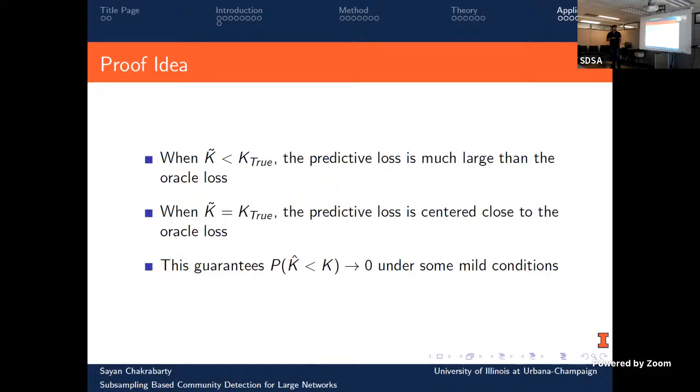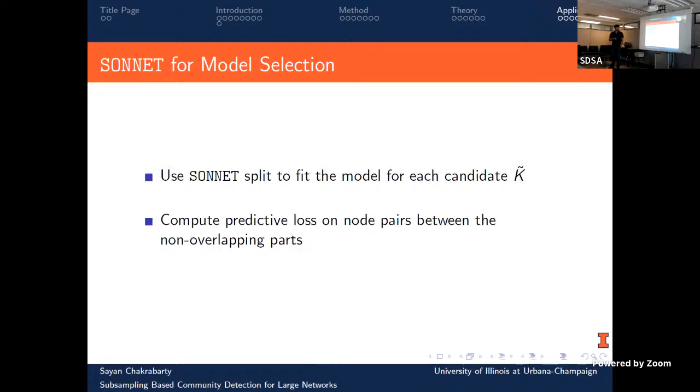So they showed that when k tilde is less than k true, the predictive loss is much larger than the oracle loss, and when k tilde is equal to k true, the predictive loss is centered close to the oracle loss. So we'll do at least as well as using the oracle loss. And this guarantees that the probability of k tilde less than k goes to 0 under some mild conditions. Yeah, we will also show the same thing. That's it.